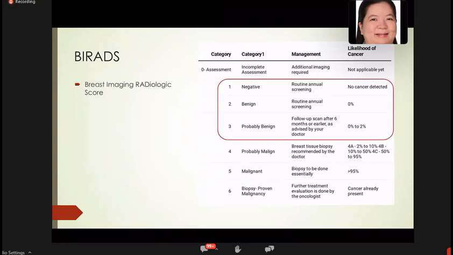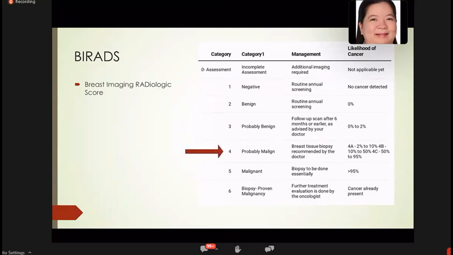Okay? But ibang usapan once na BI-RADS category 4 and above. Okay? 4, 5, 6, you need to take action. Okay? 4 is suspicious. Tatlo yan. 4A, 4B, 4C. No? Anong difference nila? Tumataas, A to C, tumataas lang yung chances na likelihood of cancer.